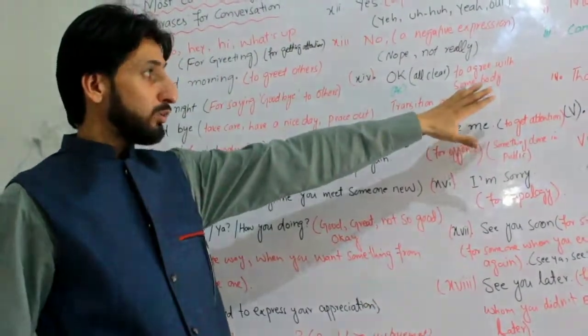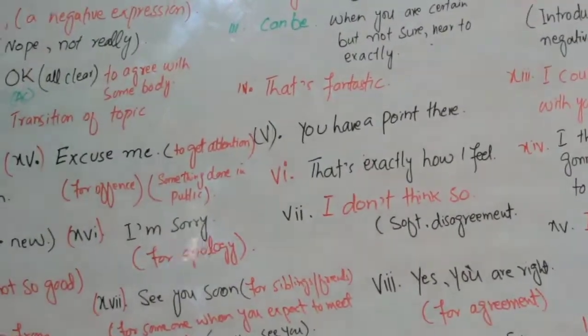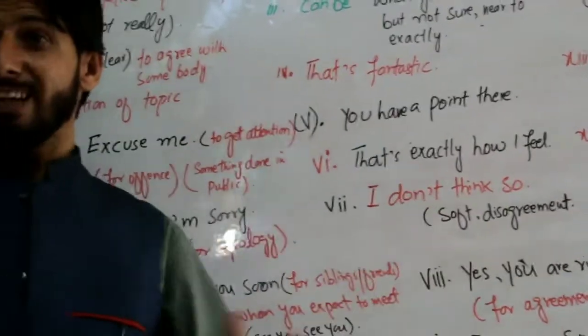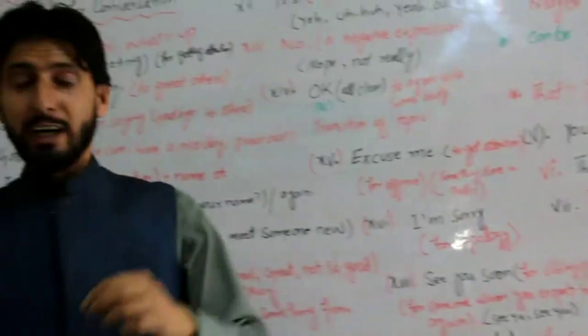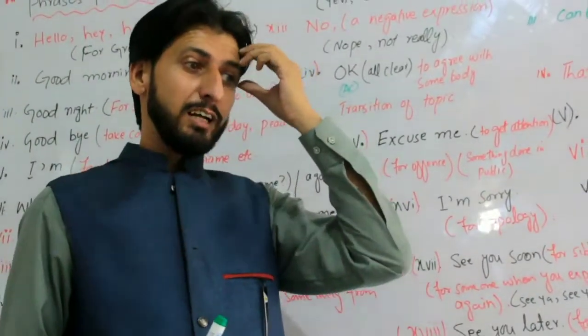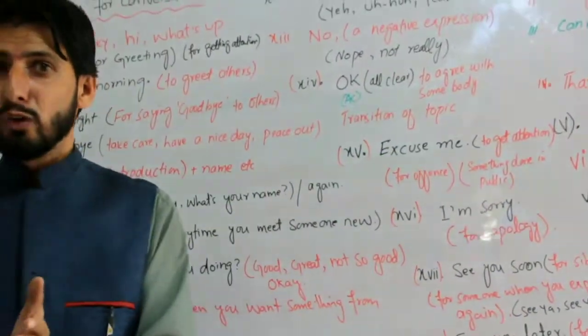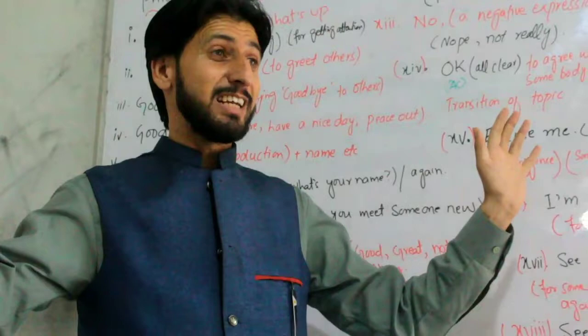Okay, now moving to the next. "That's fantastic." This expression is commonly used by all of us when we are very excited about a plan, a meeting, or a gathering. When our friend says, "Oh, the summer is going to end, so we have a barbecue party," you can say, "Well, really fantastic.